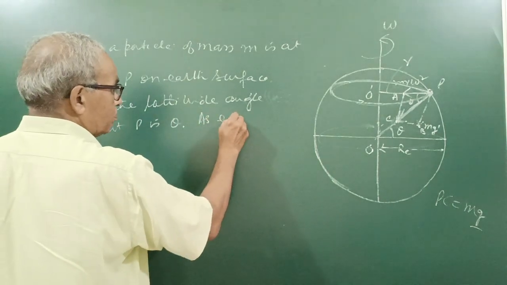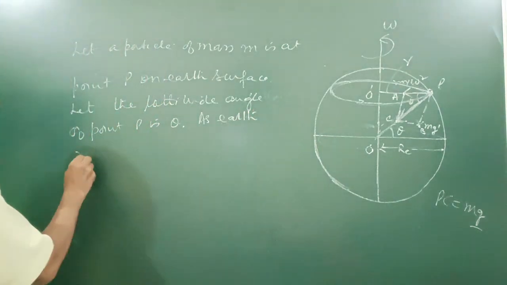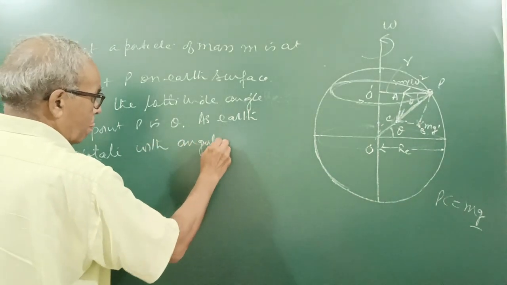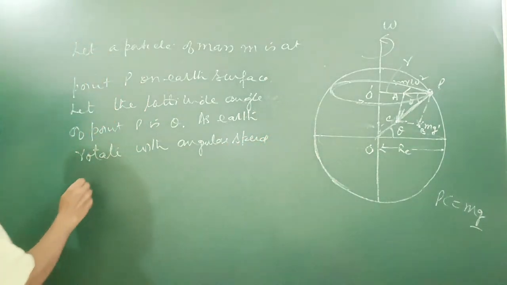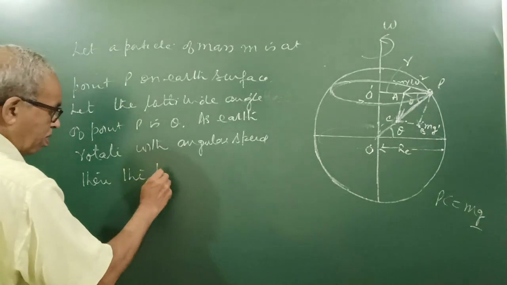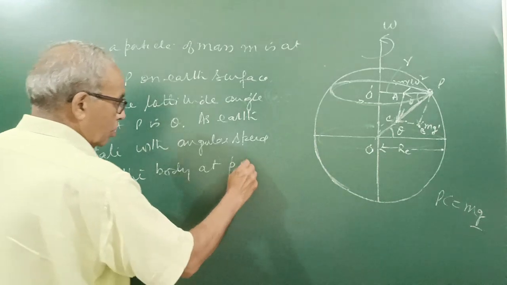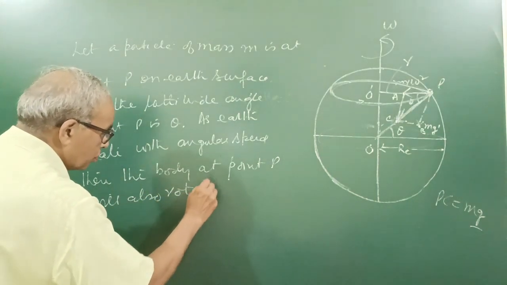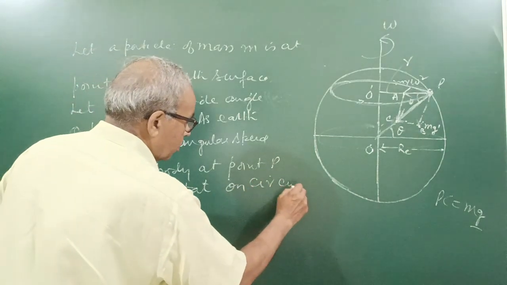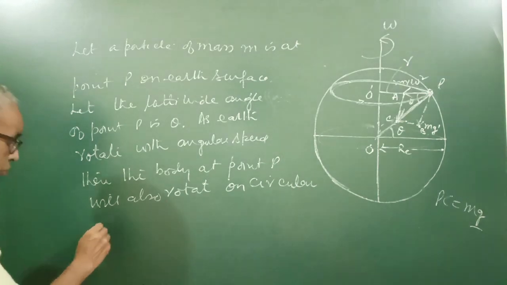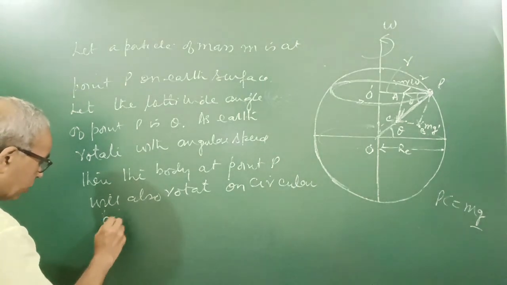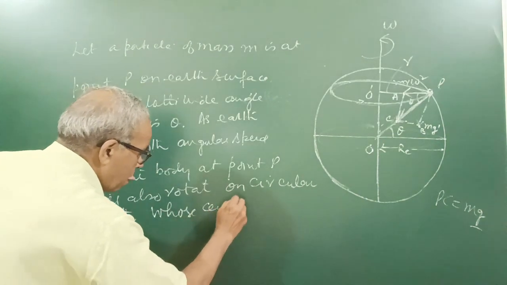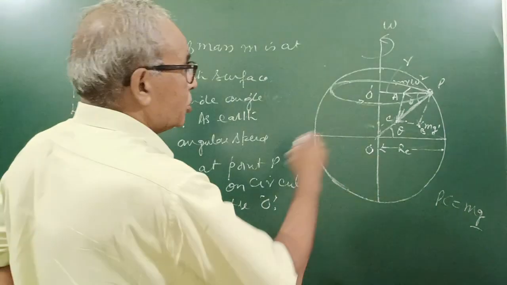As Earth rotates with angular speed omega, the body at point P will also rotate on a circular path whose center is O dash and radius is equal to r.